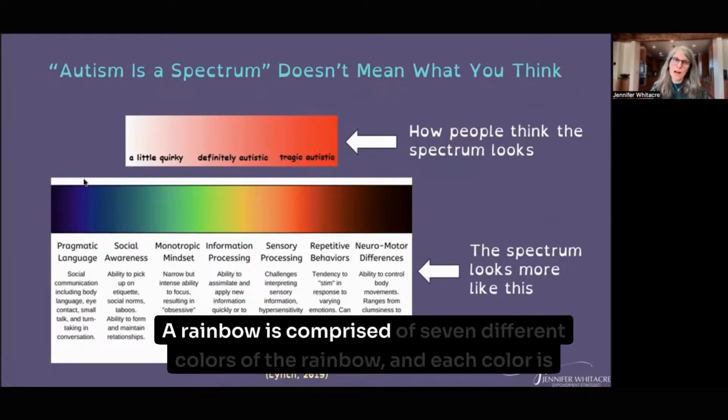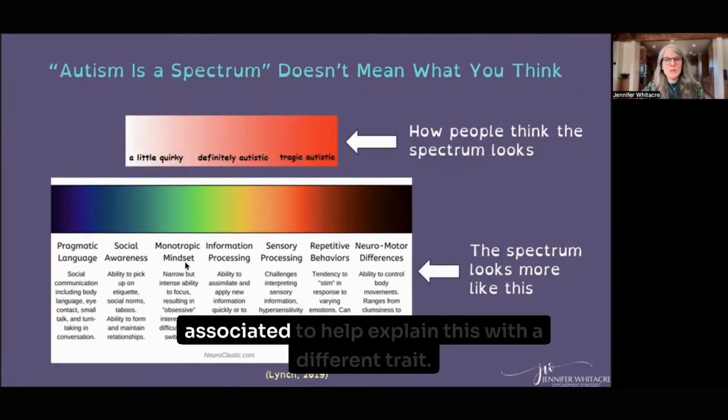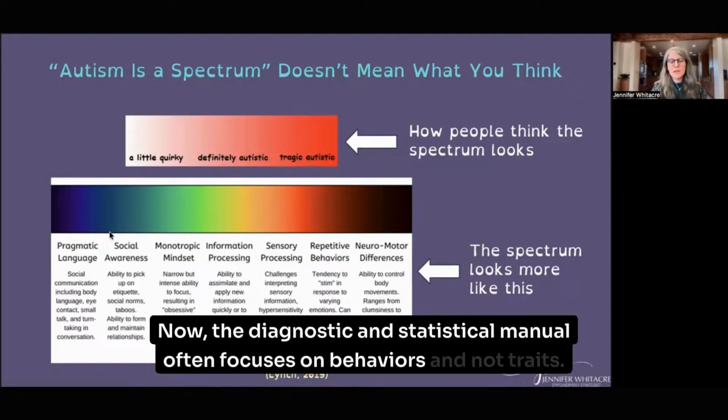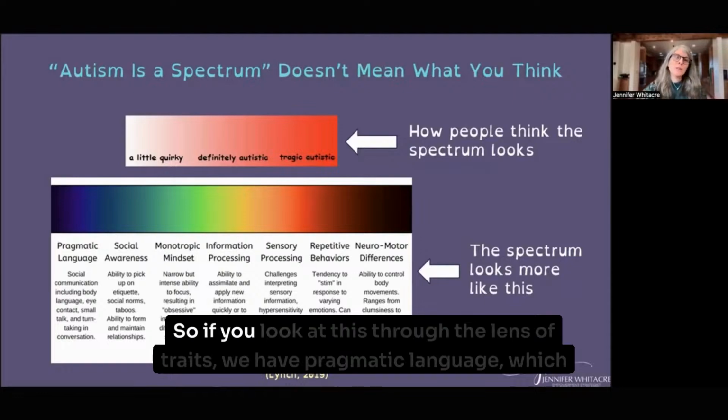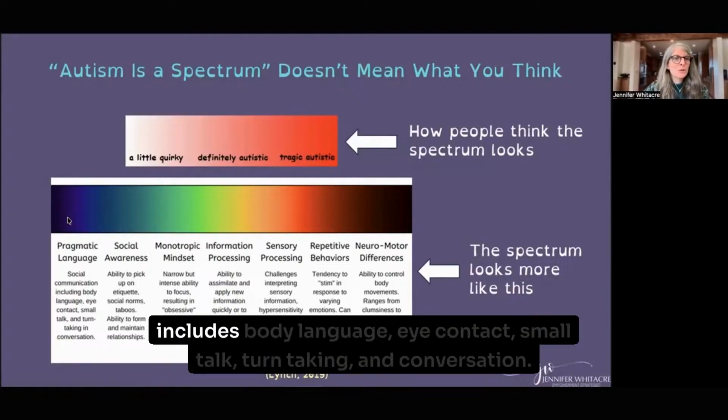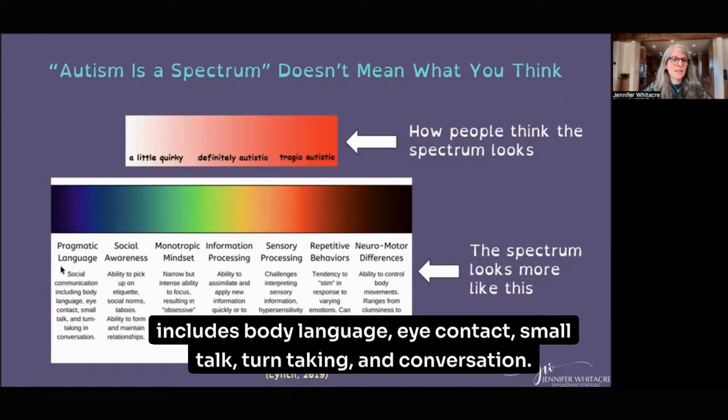A rainbow is comprised of 7 different colors, and each color is associated, to help explain this, with a different trait. Now, the Diagnostic and Statistical Manual often focuses on behaviors and not traits. So if you look at this through the lens of traits, we have pragmatic language, which includes body language, eye contact, small talk, turn-taking, and conversation.